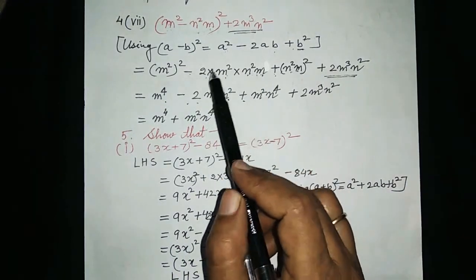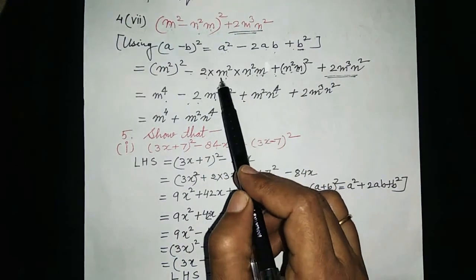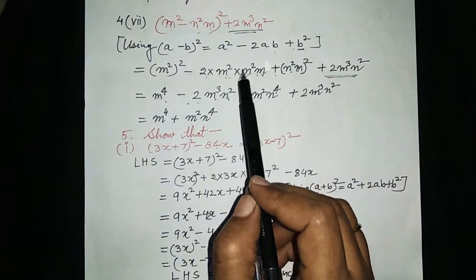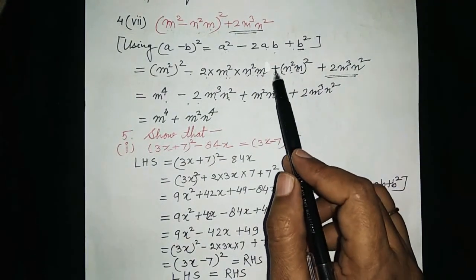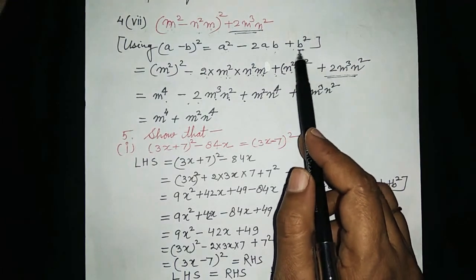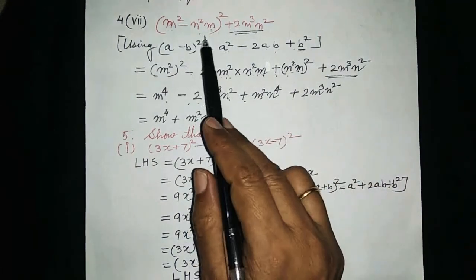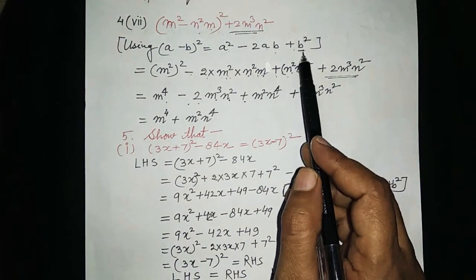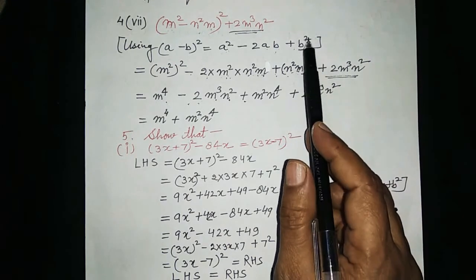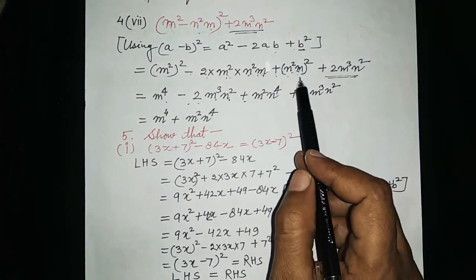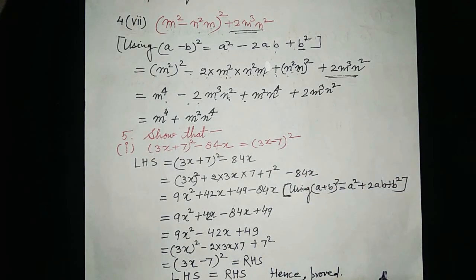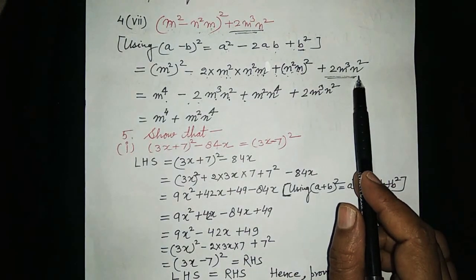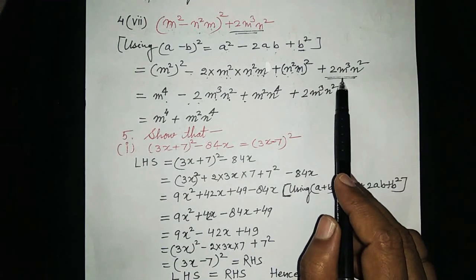Now minus 2 we will write. In place of a we will write m square, for b we will write n square m. After that plus this b square. For this b square we will write (n square m) whole square. Now at last you will write this 2m cube n square. Clear? Now we will simplify this step.